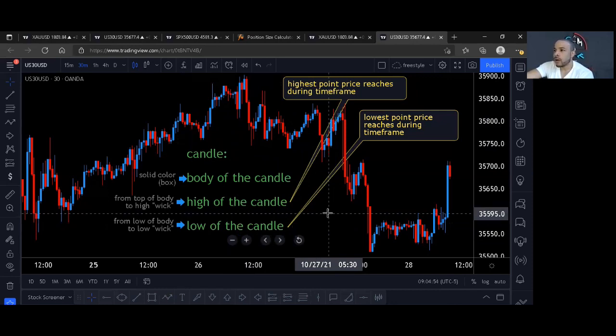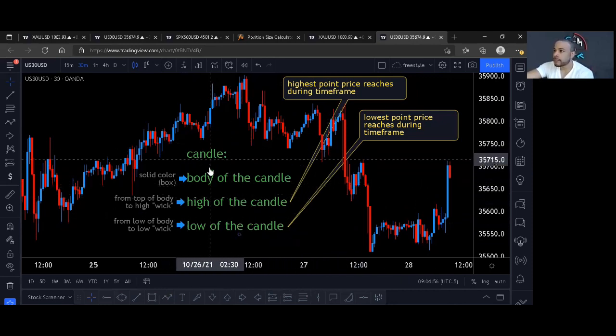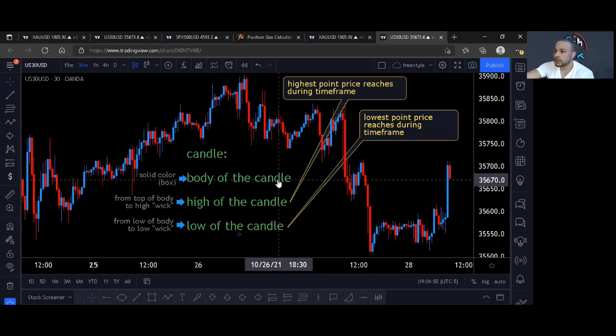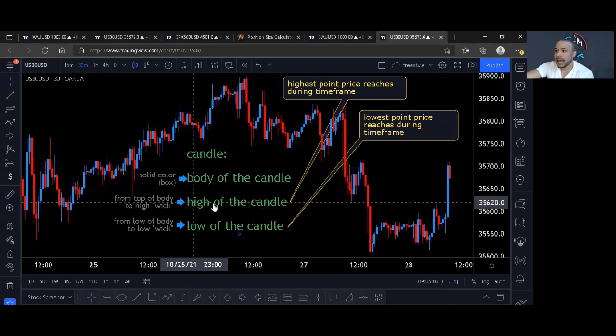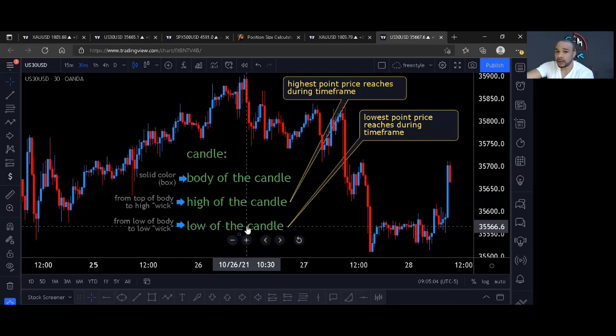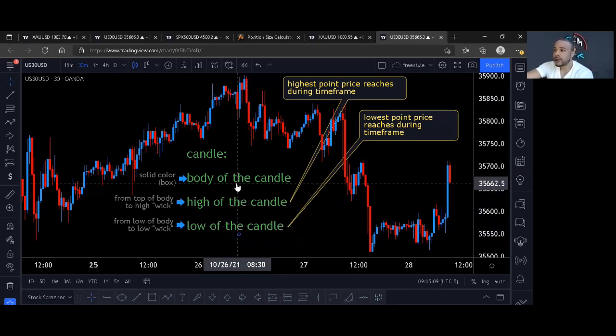And so now when we think about it like this, the body of the candle and then the highest point of the candle, the lowest point of the candle is going to be the end of that candle. From the top of the body to that highest point is going to create your wick.